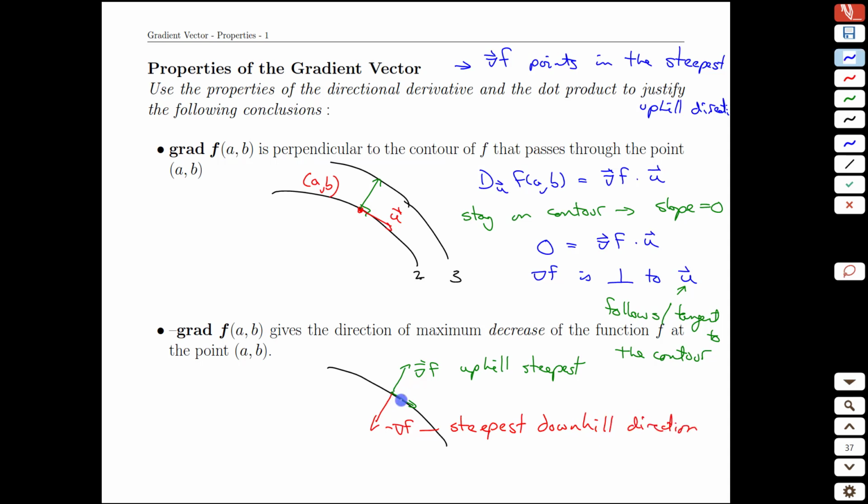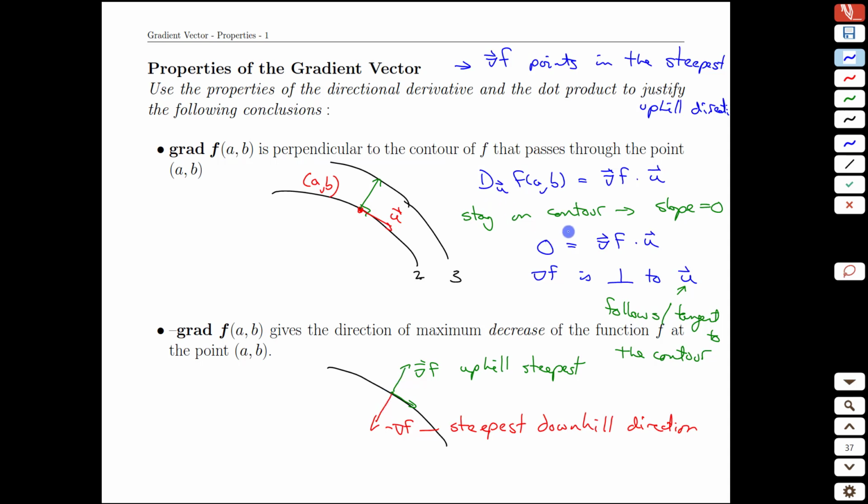We can envision this by imagining ourselves standing on a hillside. If we turn in one direction, that's the direction that'll take us uphill in the steepest direction, and then if we turn perfectly around 180 degrees and look down, we'll see that we'll be going downhill in a very steep direction, at least for small steps.